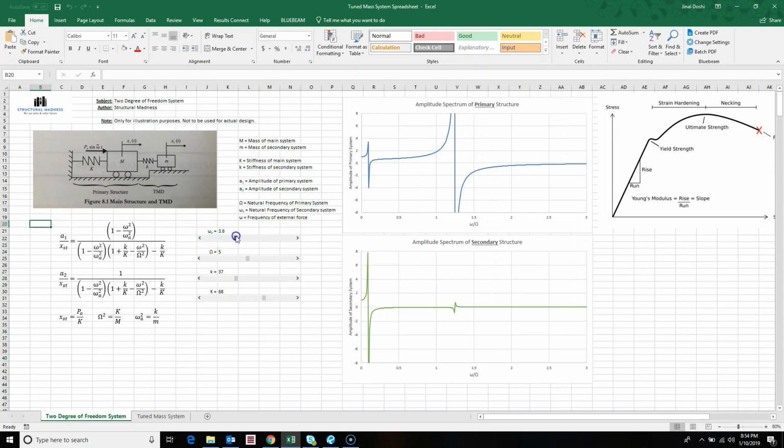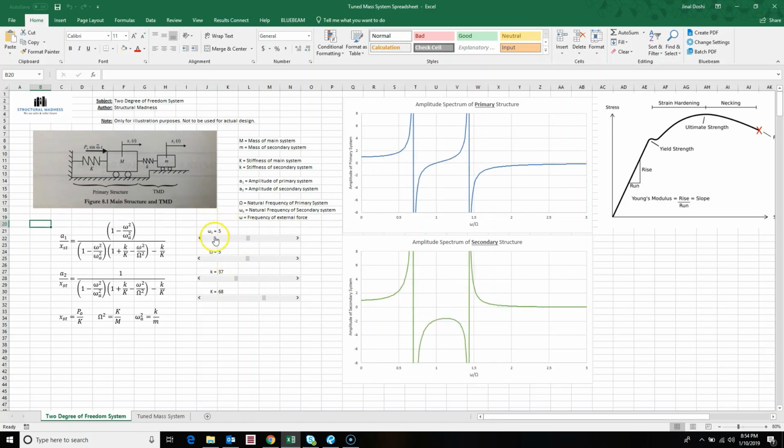But for wind, it's very simple. If I just calibrate it and make sure that the frequency of the TMD is matching the frequency of the primary system, I get a very beautiful band, and at the natural frequency of the primary structure, I see that there is zero displacement. The primary structure doesn't move at all.